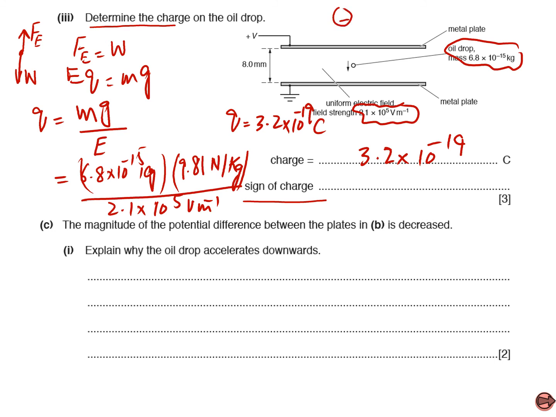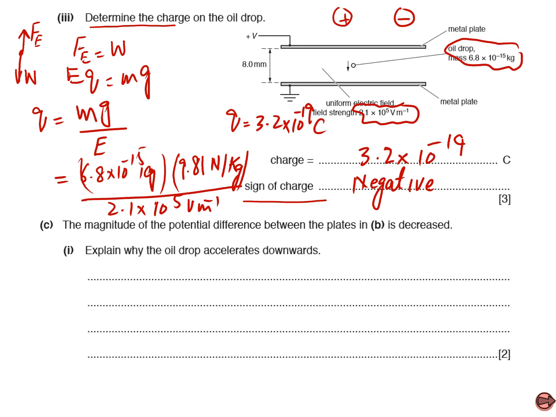We understand positive charges attract negative charges. If this charge is attracted towards the positive plate, it has to be negative. So simply with this reasoning, we can find out the charge has to be negative. So this is how we can answer.